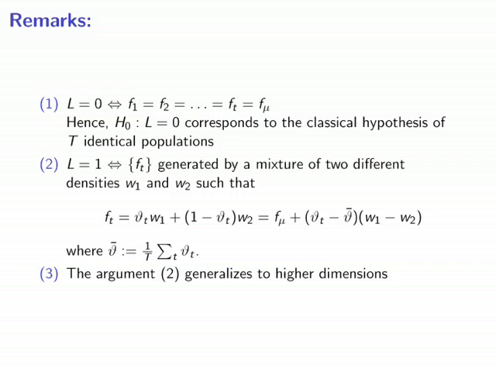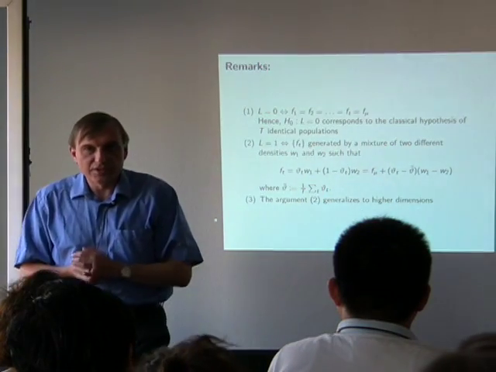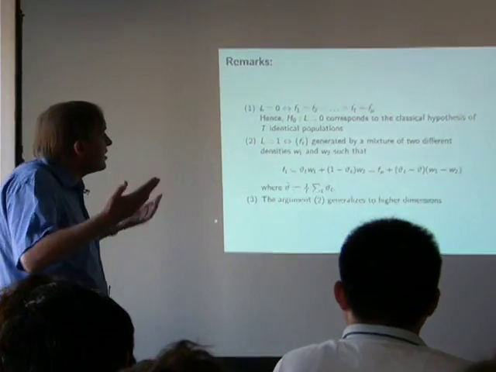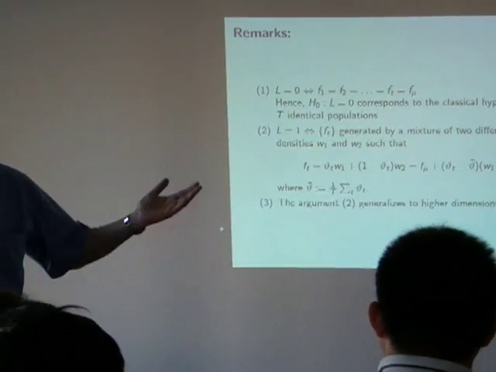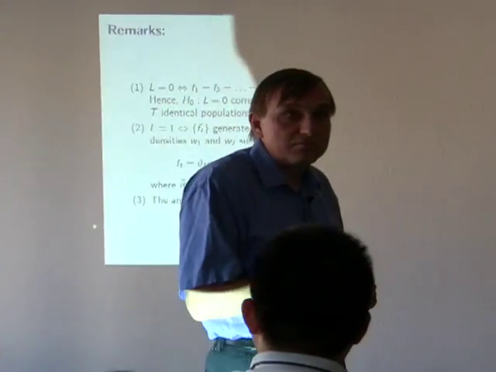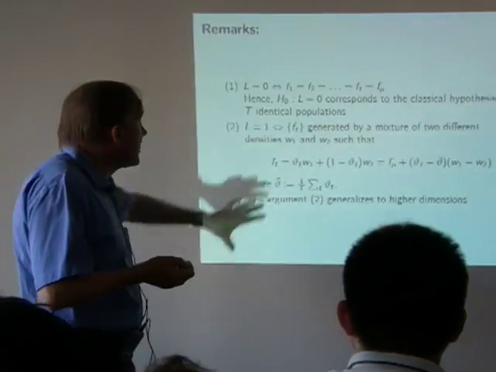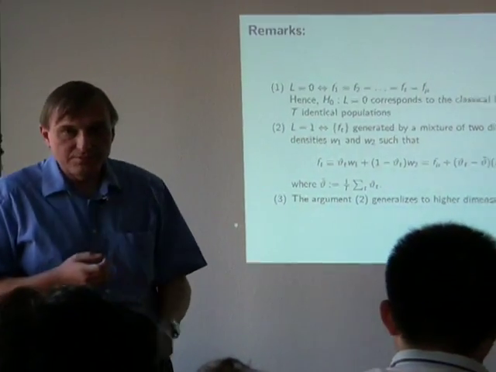Then you could rewrite this in this form with our model, where the theta would be the t minus t bar. Okay, that's a normalization. So if all f_t are mixtures, say, of a small number of L different densities, where the weights of the mixtures change over time, then you always can represent it in that way.